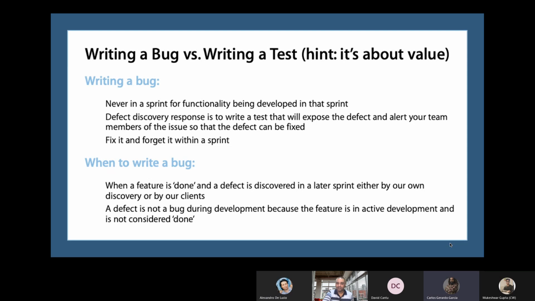Not desired behavior. Okay. Any other point someone wants to add? What is bug? Could be also a not desired behavior. So maybe it's not on the code itself, but maybe it's not behaving as a business would like to.